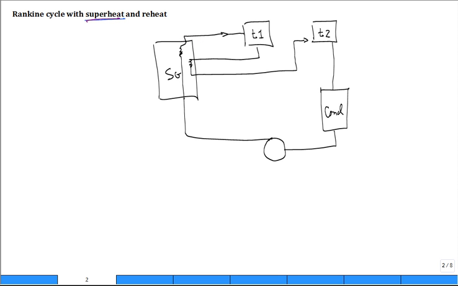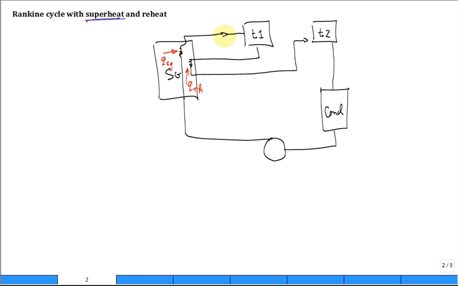So the steam generator adds heat on the first pass, QSG. It's like your standard pass, but then it also has some heat added in the reheat, RH for reheat. So there are two locations where heat is added to the working fluid.